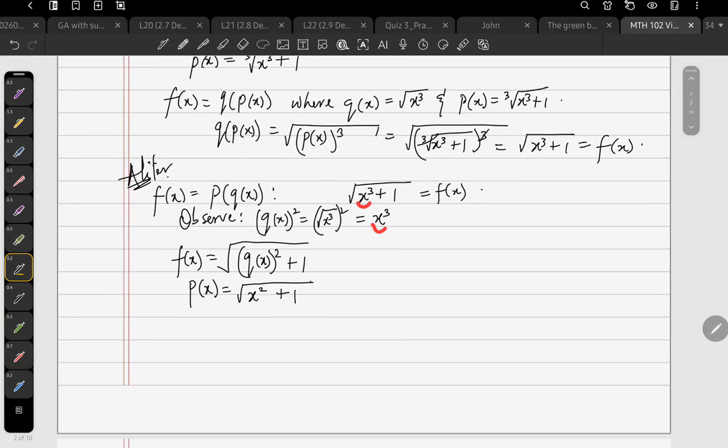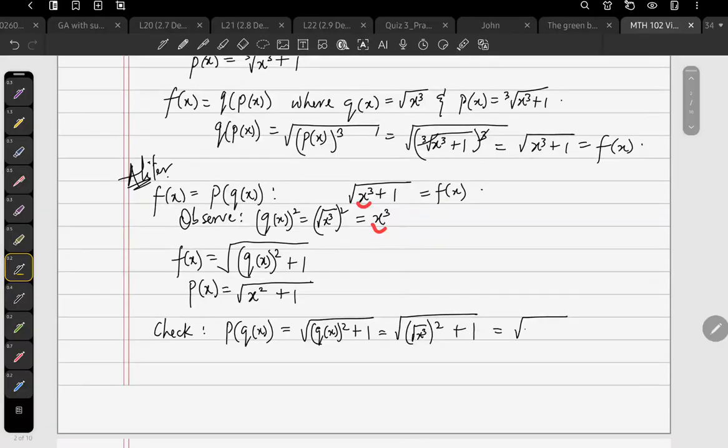So it means that p of q of x is the square root of q of x squared plus 1, which is equal to the square root of, so what is q of x again? Square root of x cubed, squared, plus 1, which is equal to the square root of x cubed plus 1.